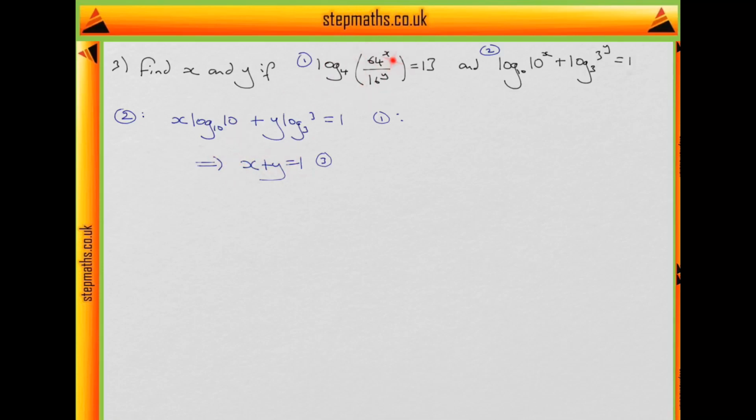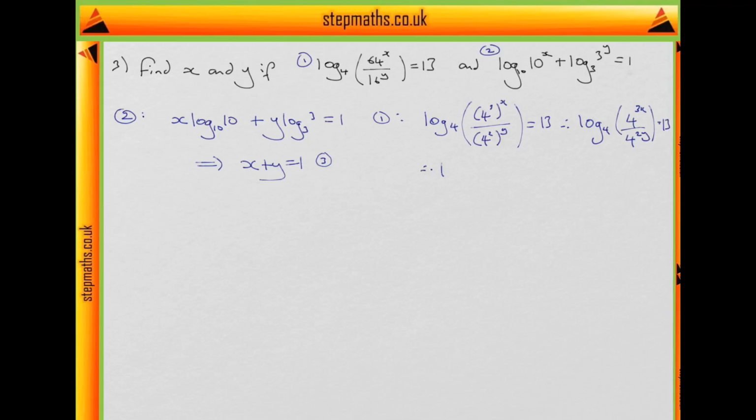So we notice, in fact, that 64 is 4 cubed, and 16 is 4 squared. So this tells us that, in fact, log base 4 of 4 cubed to the x, over 4 squared to the y is equal to 13. Therefore, log base 4 of 4 to the 3x over 4 to the 2y is equal to 13.